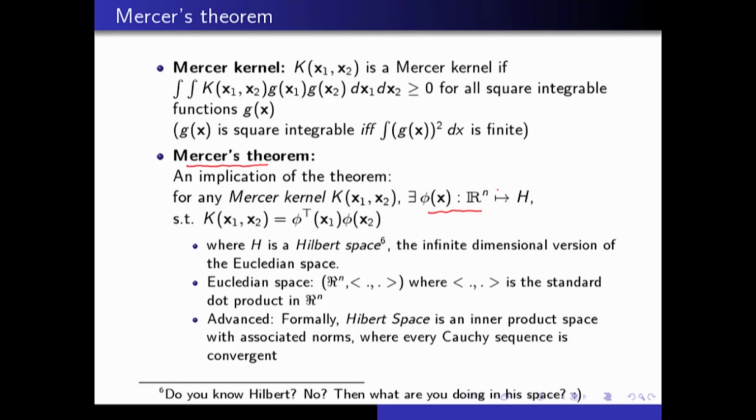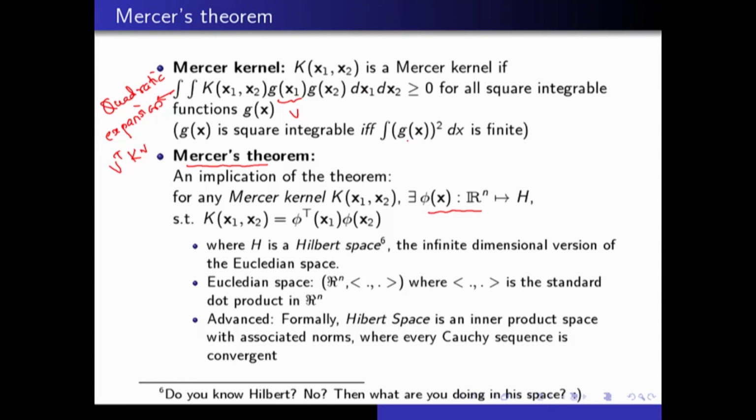How is this useful? The Mercer kernel is equivalently defined as one where this integral, this quadratic but integral based expansion, is the analog of V transpose KV, but now the V has been replaced by a function.